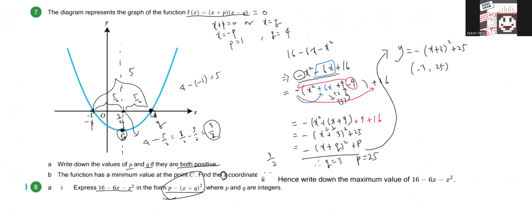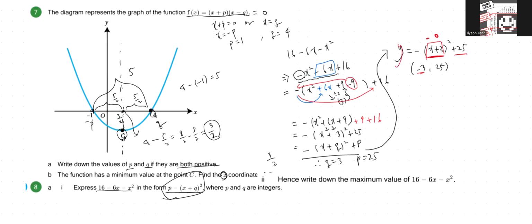Please remember, when I find the x-coordinate of the vertex, I just think, let's find the value of x which makes this bracket 0, which is negative 3. Then after you make this bracket 0, what is left is y equals 25.